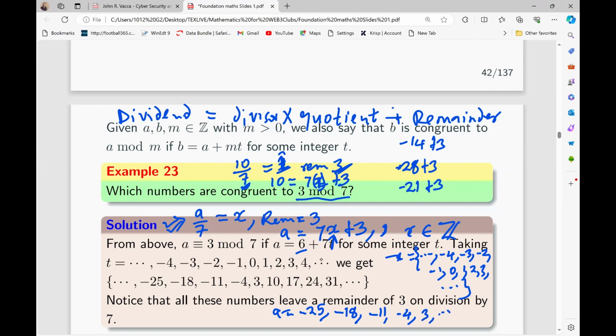These numbers are congruent to 3 mod 7. And you can prove this using our earlier definition. For instance, if you have -18, is it congruent to 3 mod 7? If you want to use our earlier definition, just subtract 3 from -18, and you get -21. And ask yourself if 7 can divide -21.